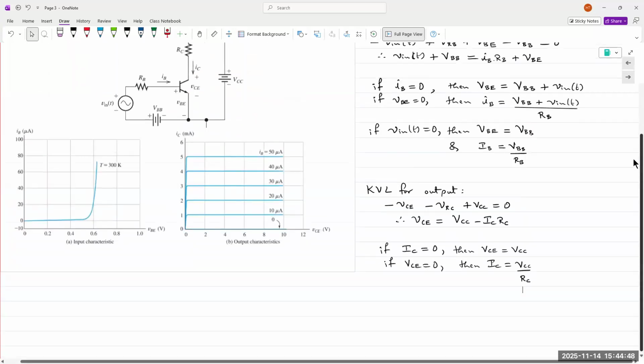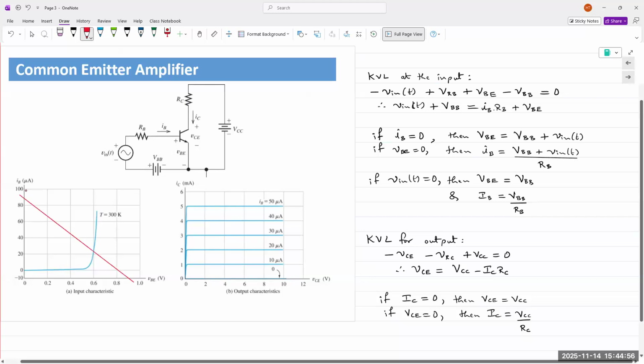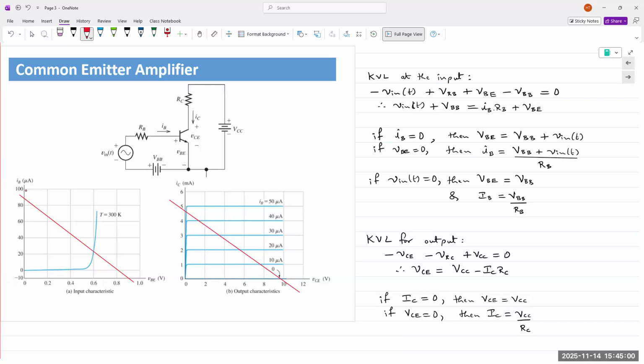Okay. And if we have those points, we'd have a line that would intersect the load line there, and we'd have another one here. And then on the next slide, I have an example where we'll talk about how it actually works.